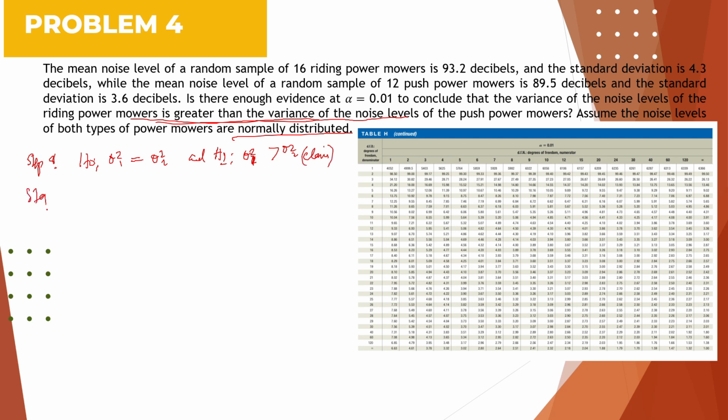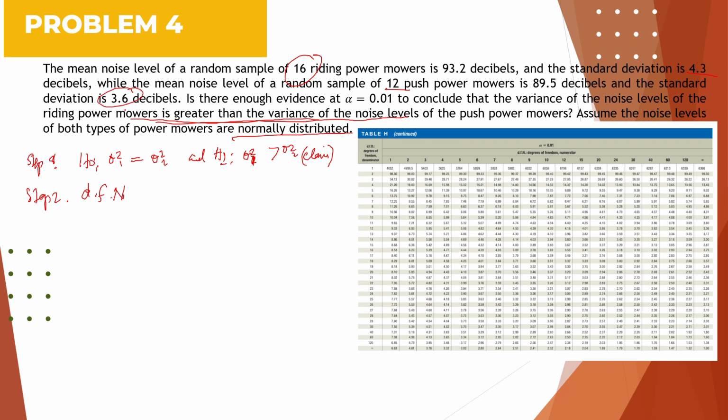Step number 2, we have to find the critical values. Given here, we have our DFN, with 16 and a standard deviation of 4.3, and the other one is 12 with a standard deviation of 3.6.